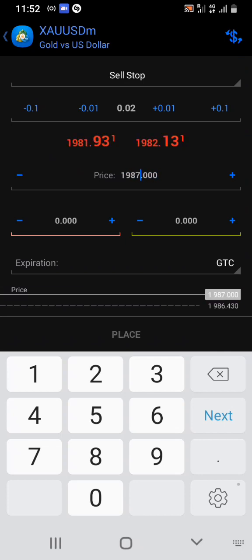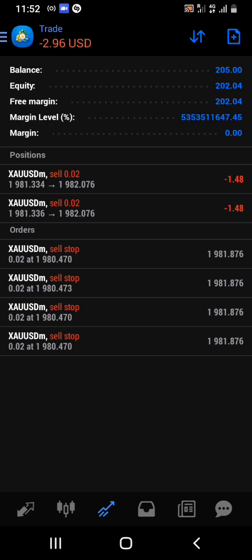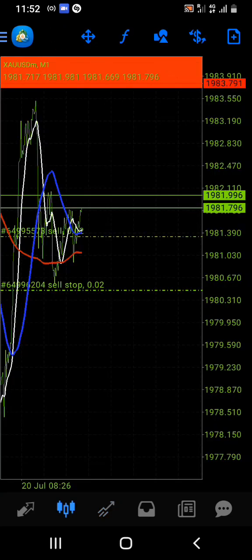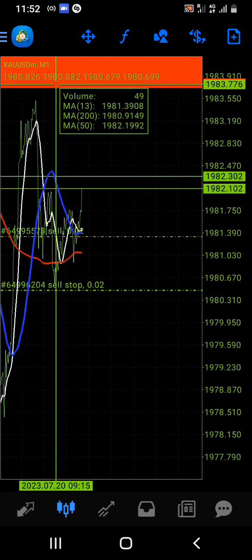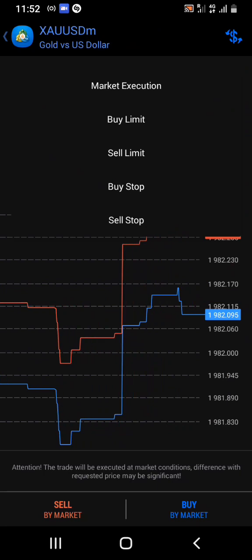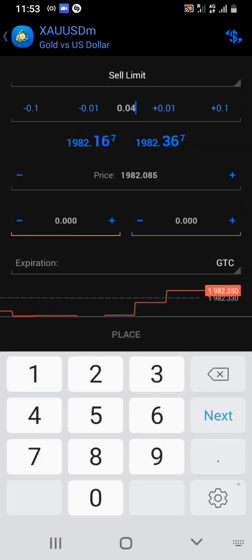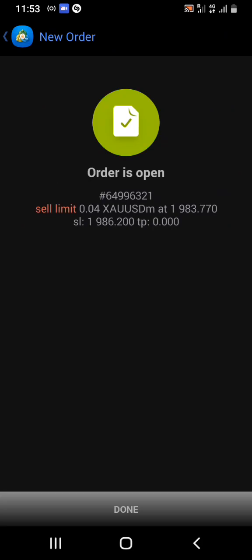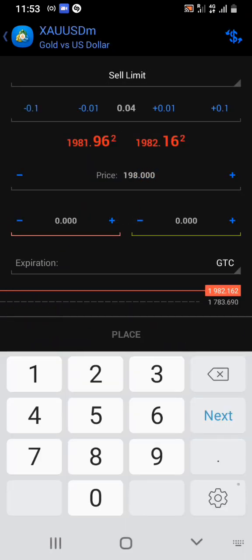Guys, this is going to be amazing, and I would really like you guys to focus on this because it's going to be amazing. Remember that you have to set your pending orders according to how much your account can withstand, but in my case, since I'm a bit more of an aggressive trader, I do tend to open a few sales by market execution just in case price drops down to activate my sell stops.